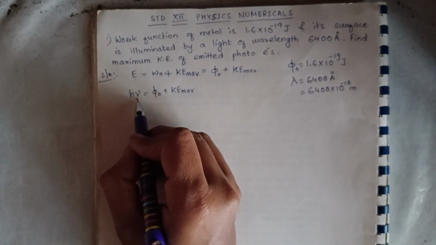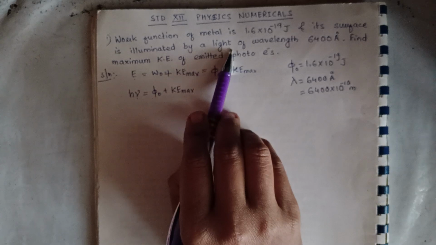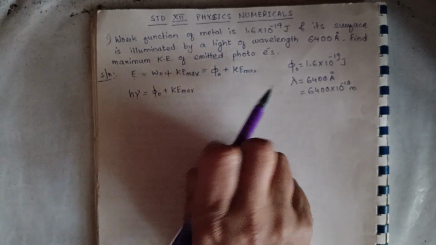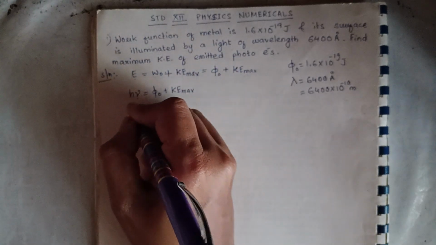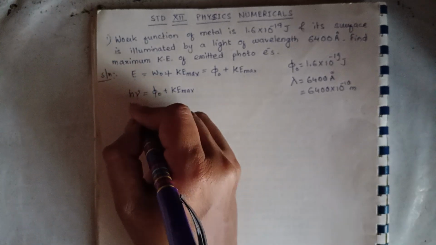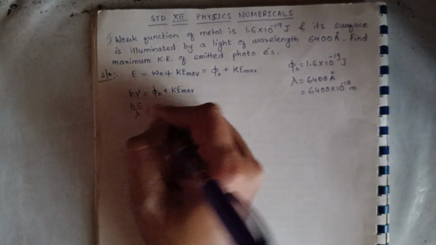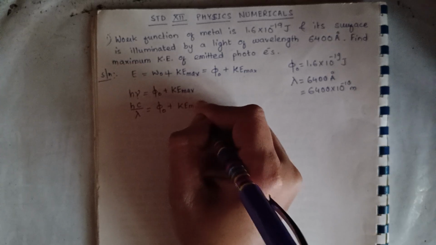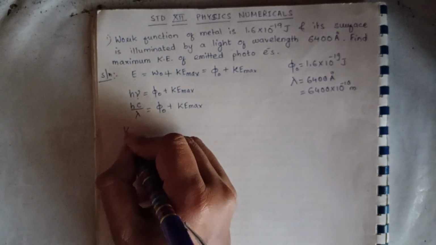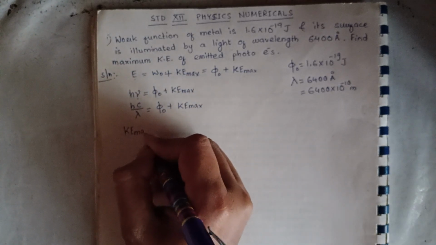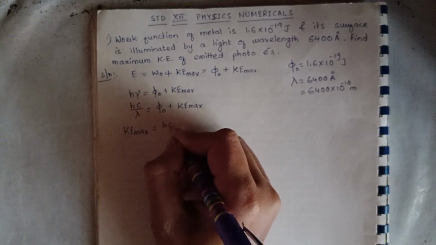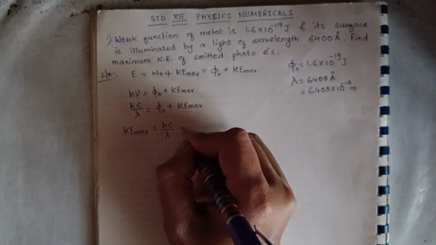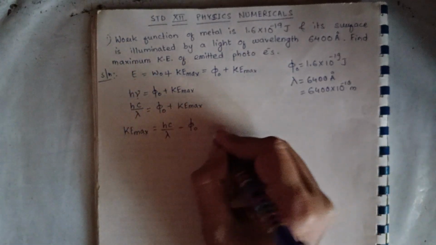Now here frequency is there, but frequency is not given, so we have to make use of the wavelength. How is frequency written in terms of wavelength? c upon lambda. So maximum kinetic energy is hc upon lambda minus phi.